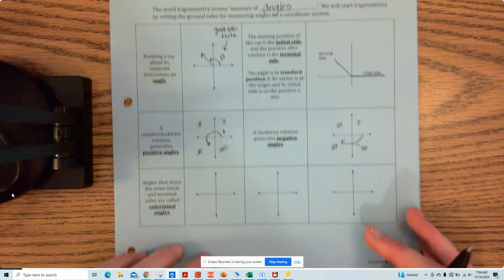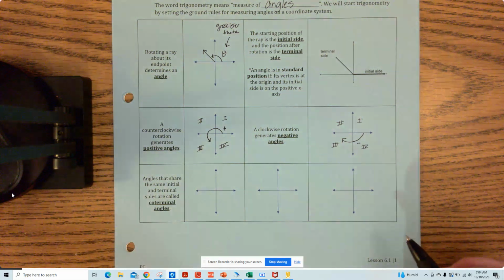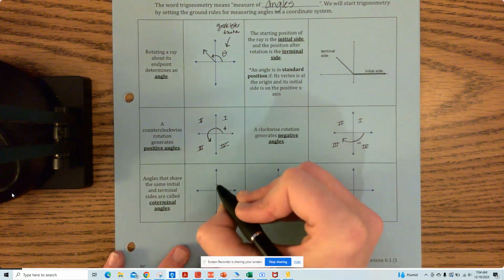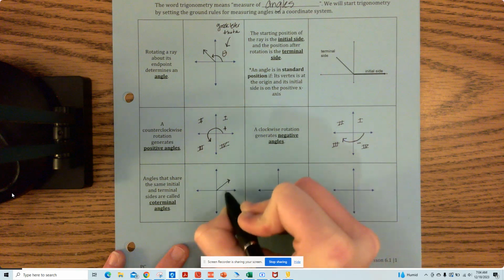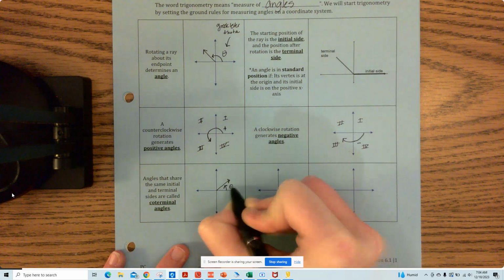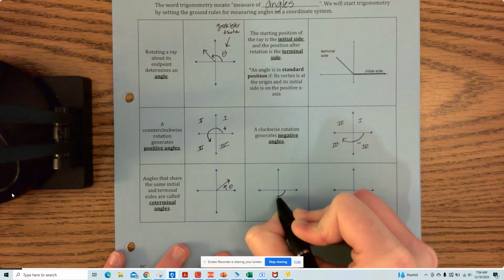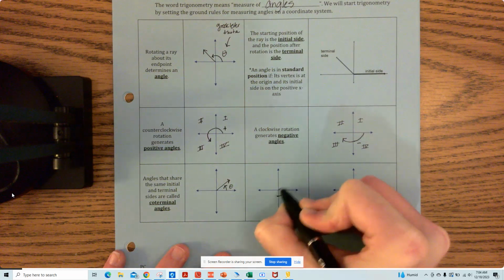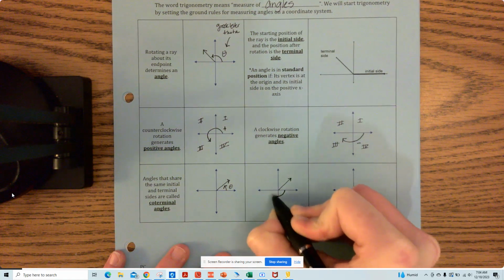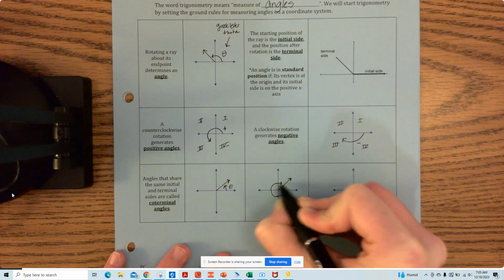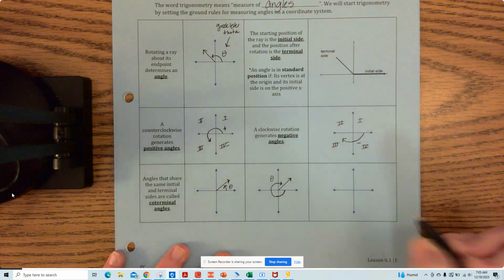Angles that share the same initial and terminal sides are called coterminal angles. If we have an angle here, whatever the measure of that angle is, or if I go this direction with it, same line, but from the x-axis all the way around, it would be a negative measure, but that angle.